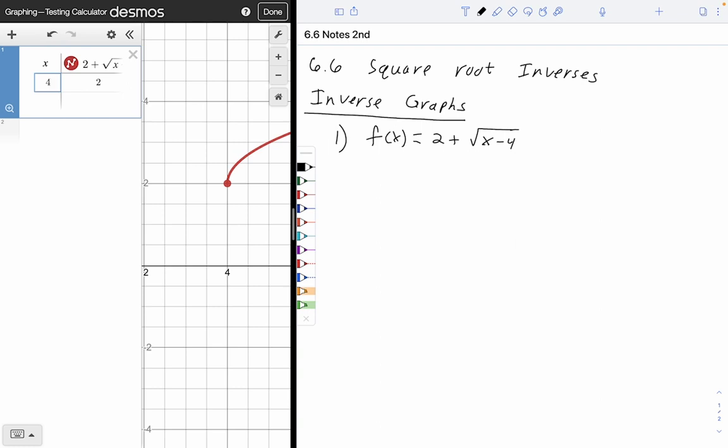So I started at 4, and then I'm just going to keep going down the table. 4, then x value of 5, 6, 7, 8, okay? And then keep going until you get at least 3 good points. So just convert the table, start at the starting x value, and then continue the table until you get 3 good points, which we now have.